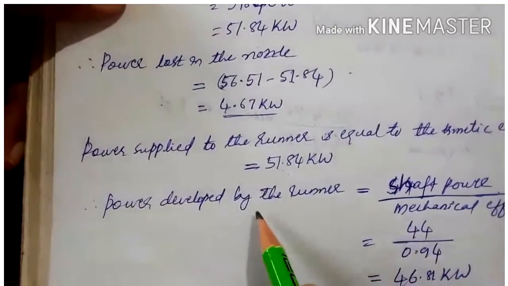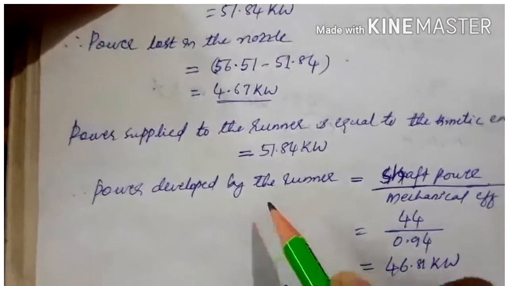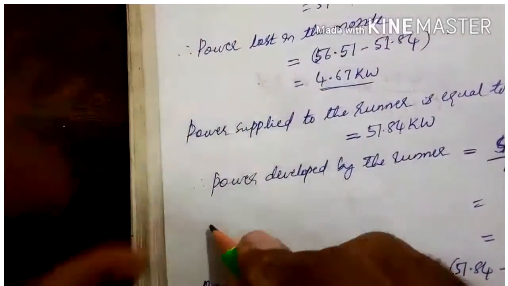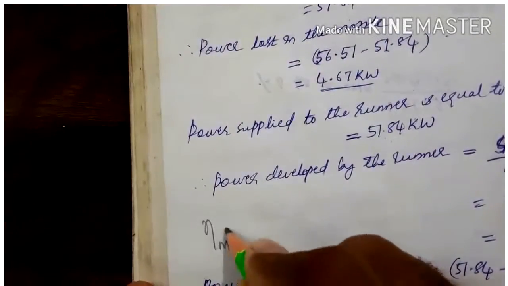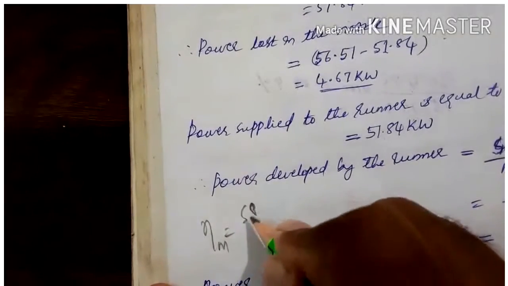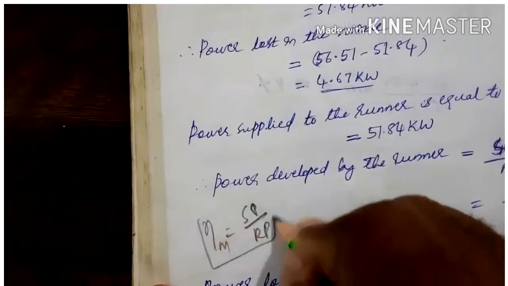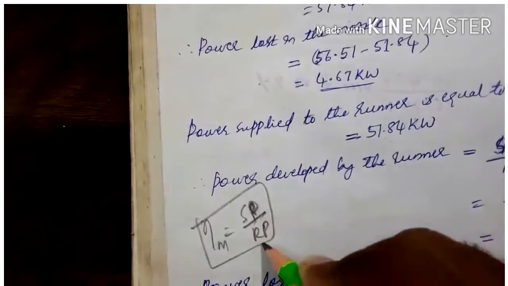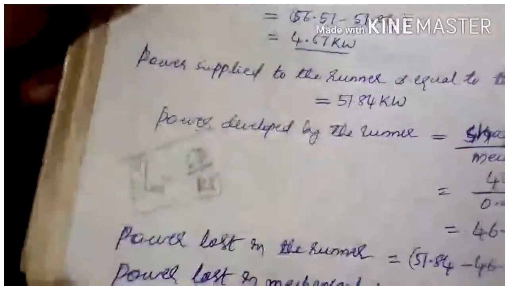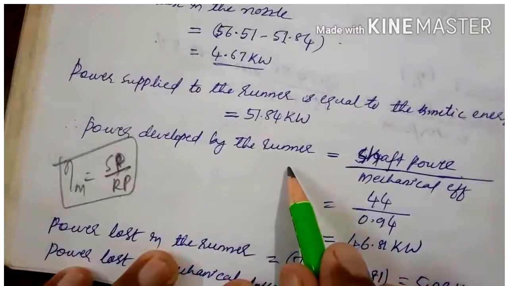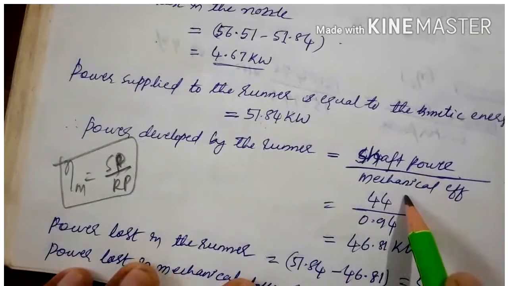Then the power developed by the runner will be what? As we know, the mechanical efficiency can be given as shaft power divided by runner power. That is, the power available at the shaft divided by runner power. From this we can easily calculate the power developed by the runner: shaft power divided by mechanical efficiency.